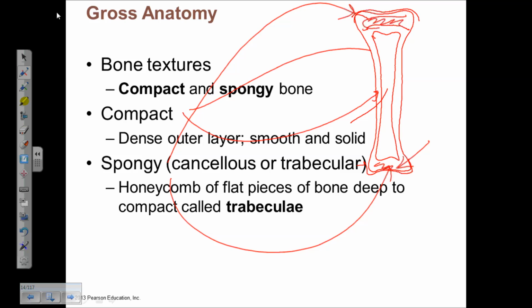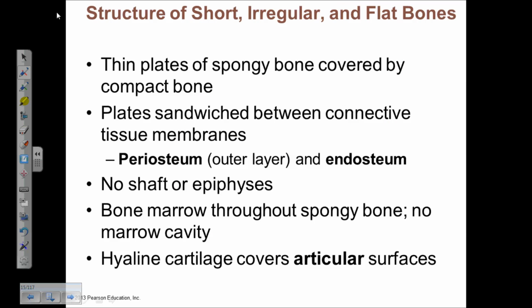And compact bone, which is sometimes called lamellar bone, is the dense outer layer of pretty much any bone. In the short, irregular, and flat bones, if you cut them across, you will find thin plates of spongy bone covered by compact bone, pretty much like a sandwich, when you have a burger in the middle and two pieces of bread above and under.